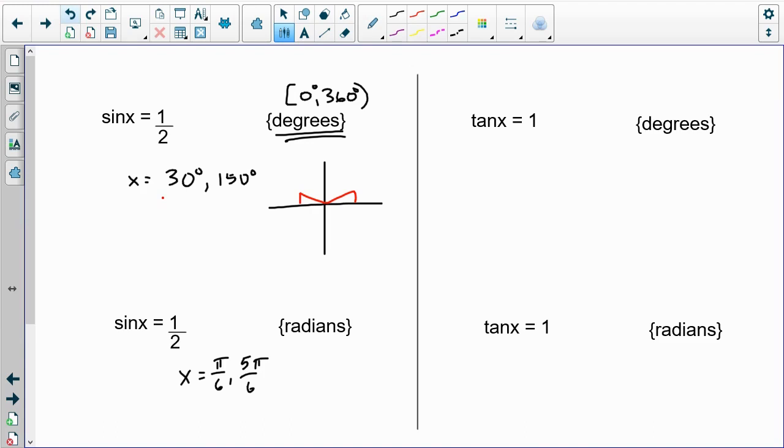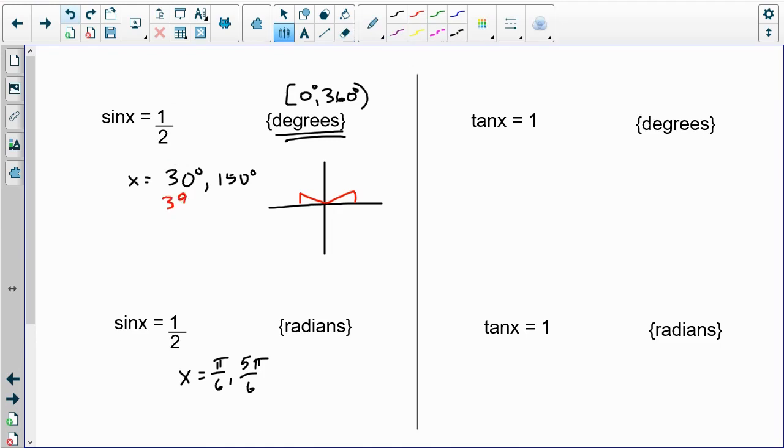So if I add 360 a bunch of times, or if I subtract 360 a bunch of times, I end up with a bunch of different answers that all give me sine of x equaling 1/2.